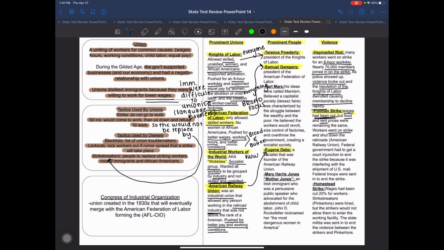Now, here is what happens. When they go on strike, the American Railway Union, led by Eugene Debs, goes on strike with them. And so to bring awareness to how these workers are being mistreated, the railroad industry nearly shuts down.